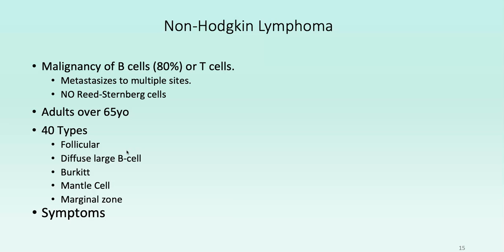Diffuse large B-cell lymphomas, the prevalence of diffuse large cell B lymphomas is greatest between 60 and 70 years of age. And like all neoplasms, the cause is not fully understood. But with this type of lymphoma, many involve having had the Epstein-Barr virus or HIV infections.